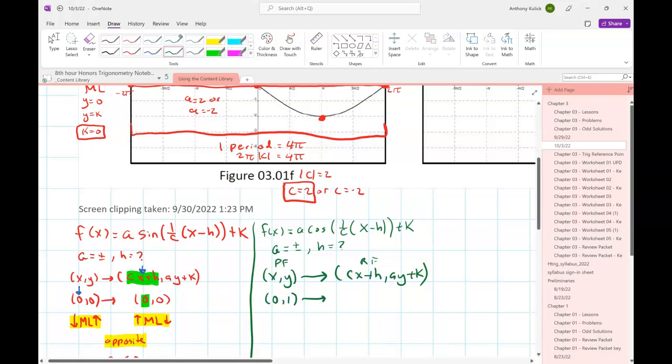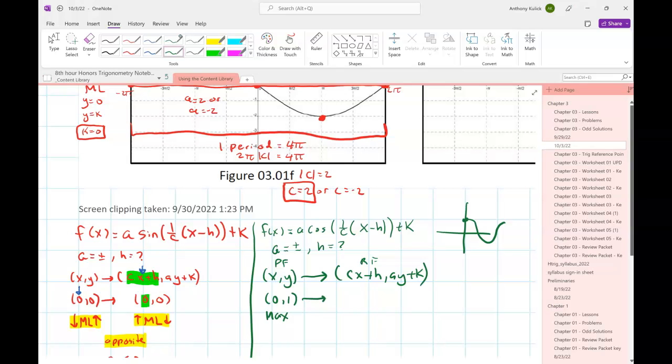On the graph of cosine, what kind of point is 0, 1? It's an extrema, right? Specifically, what kind of extrema? Maximum.